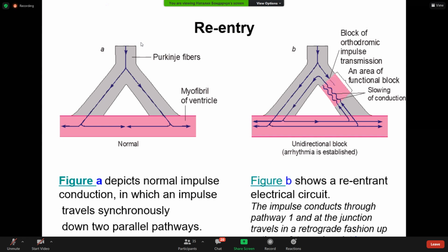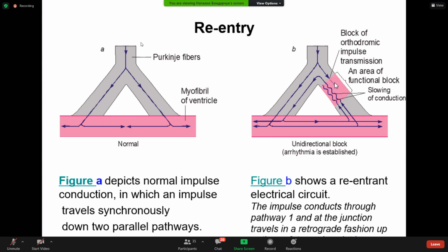This is the re-entry type of arrhythmia. On the left, figure A depicts normal impulse conduction, in which an impulse travels synchronously down two parallel pathways, on the left and on the right. Figure B shows a re-entrant electrical circuit.